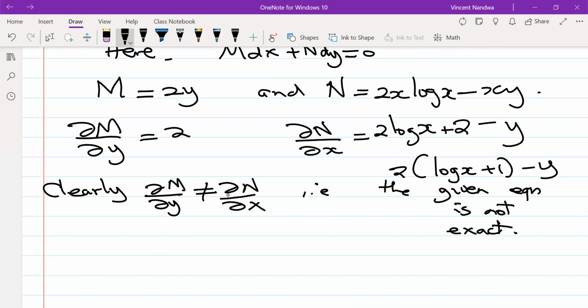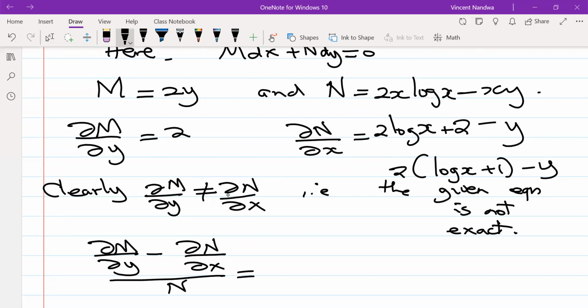But then let's see, partial m, partial y minus partial n, partial x divided by n will give us partial m, partial y is 2, minus partial n, partial x is 2 log of x plus 2 minus y.